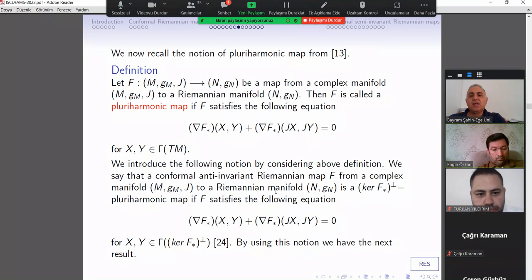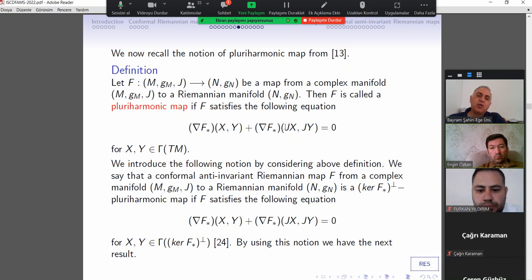Also we have a new notion, polyharmonic map. You can think about the polyharmonic map. It is a map very close to the harmonic map, but it is not necessarily always harmonic. Where this idea comes from is that we know any holomorphic map between two Kaehlerian manifolds is always a harmonic map.